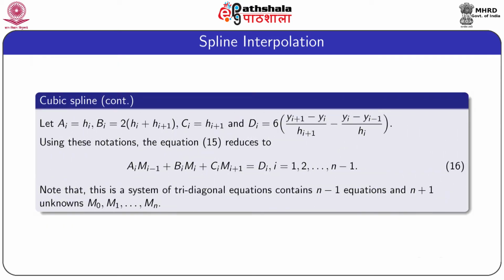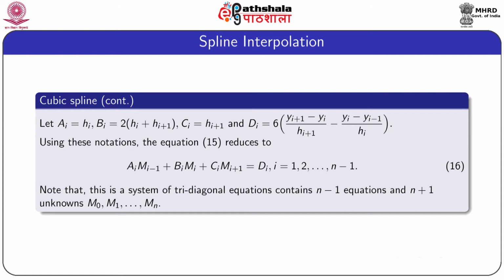Now, we use some notation to simplify the above equations. We denote h_i by capital A_i, and 2(h_i + h_{i+1}) equal to capital B_i, and h_{i+1} equal to C_i, and the right hand side of the above equations is denoted by capital D_i.